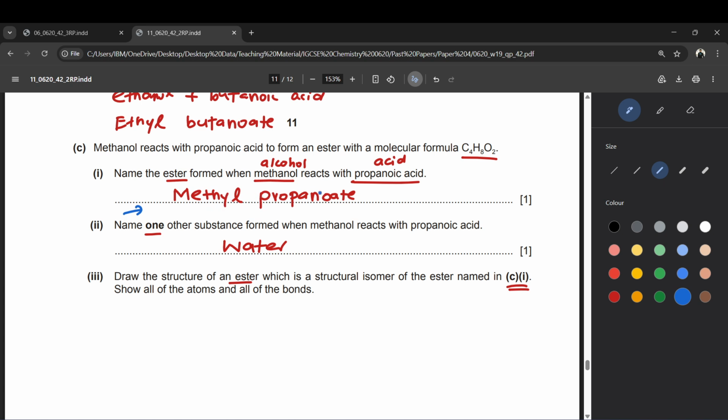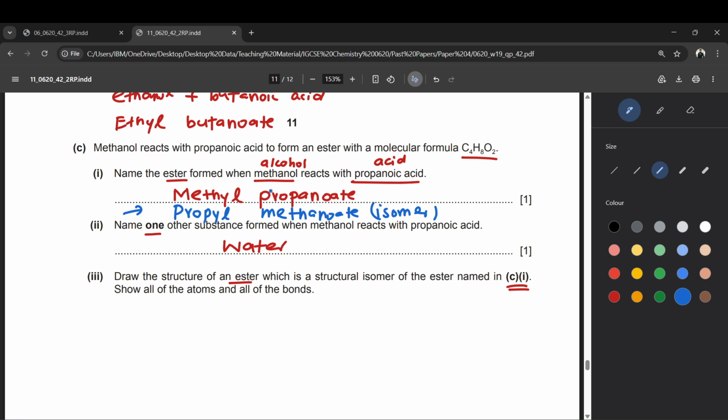What does that mean? I need to use propanol in this case, instead of methanol, and I will be using methanoic acid instead. So this becomes propyl and this becomes methanoate. Okay, so this will be your isomer. That's the only thing you have to do, just switch them up.